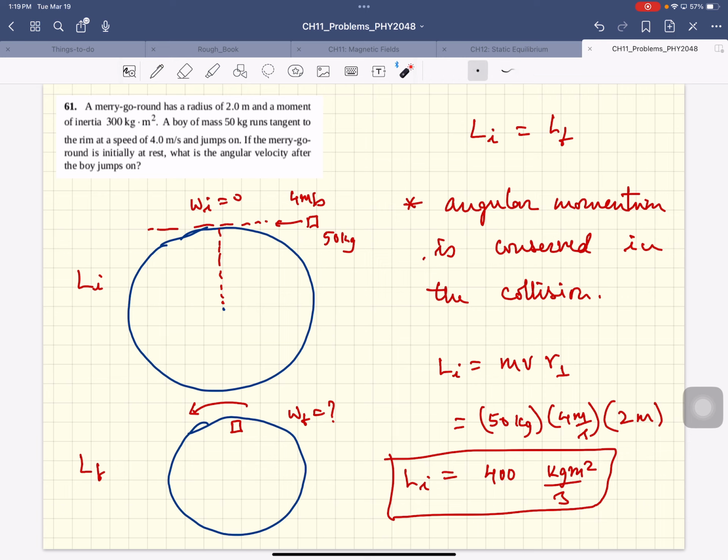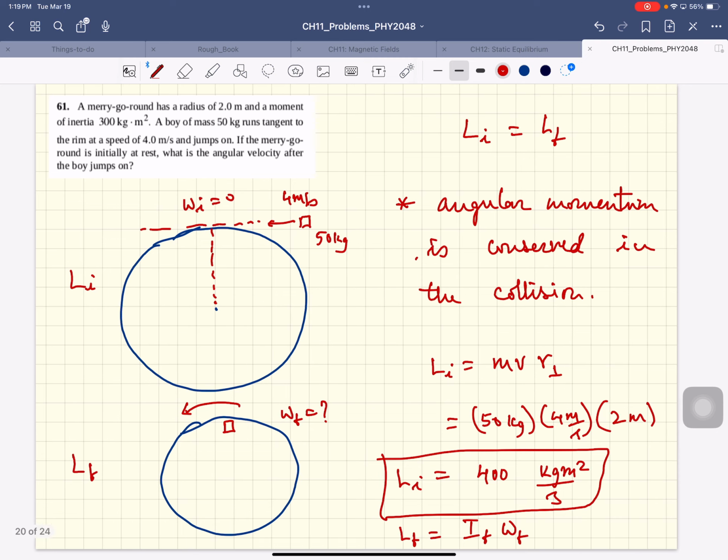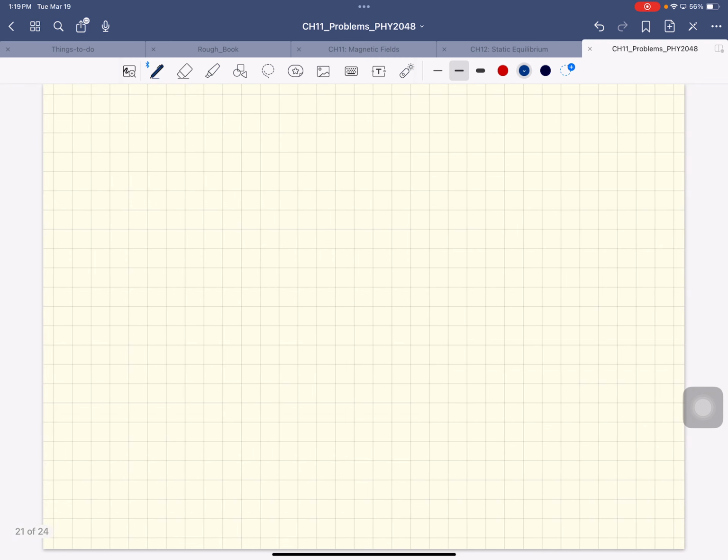All right, final angular momentum is the moment of inertia of this system, the boy and the merry-go-round, times the angular velocity. So L final is I final omega final. The moment of inertia is the moment of inertia of the merry-go-round plus the moment of inertia of the boy.